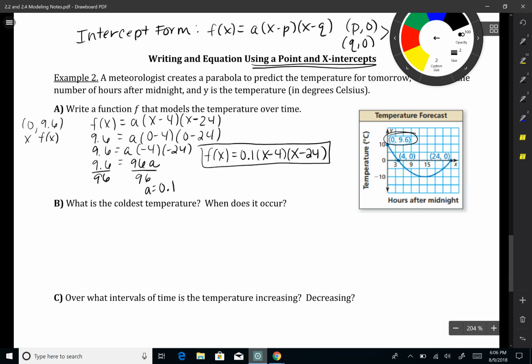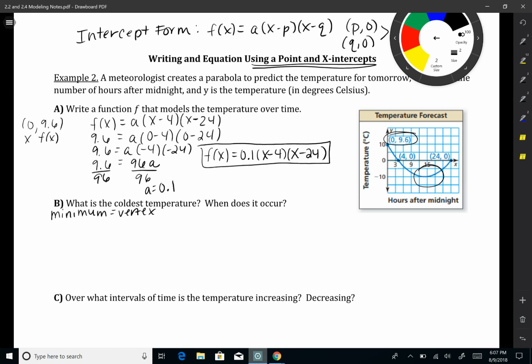Okay, let's answer the questions. B, what is the coldest temperature and when does it occur? Well, we can look at our graph, but we can't be sure exactly where the minimum is. And remember, the minimum is our special value, our vertex. So we're going to have to find our vertex. In order to find that, we need to know the axis of symmetry.